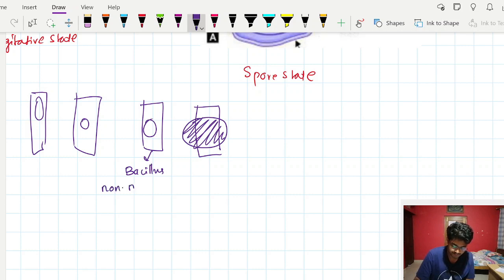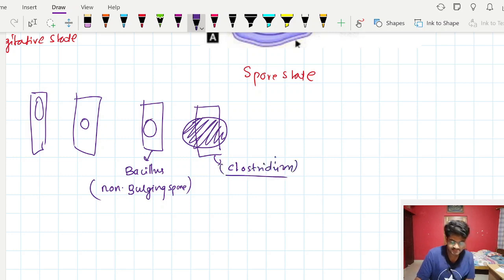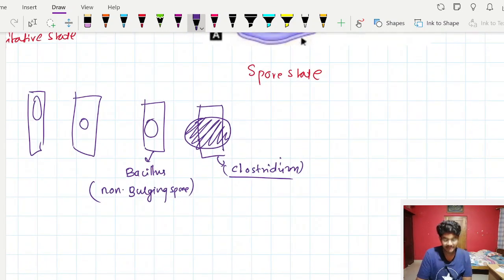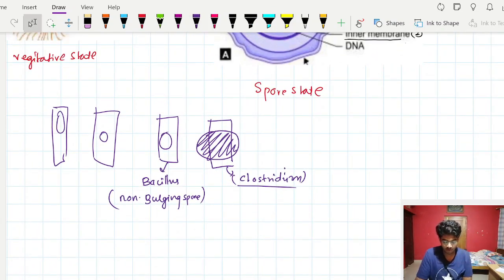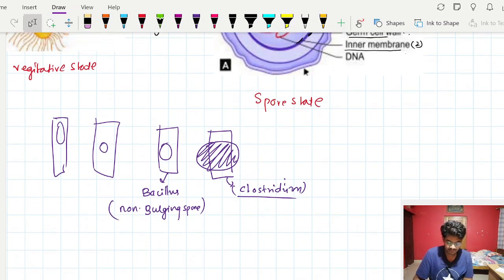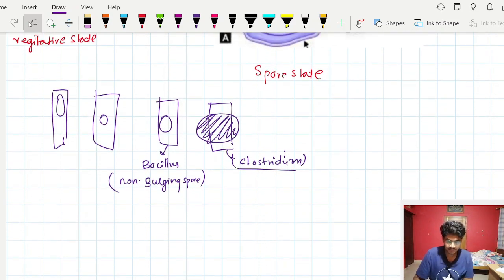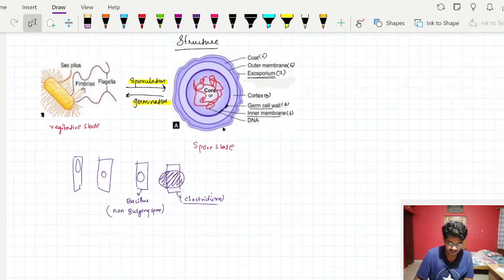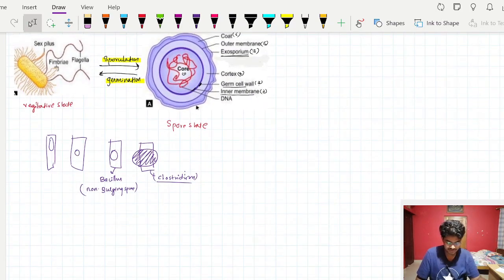An example of a bulging spore is Clostridium. So these are about spores.